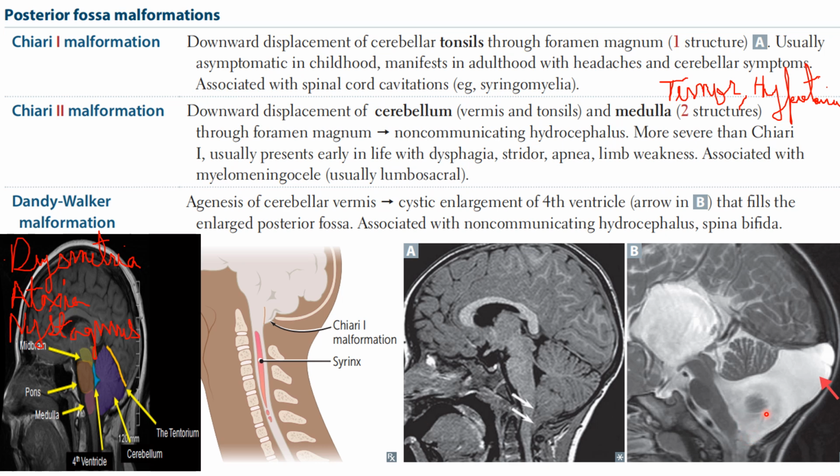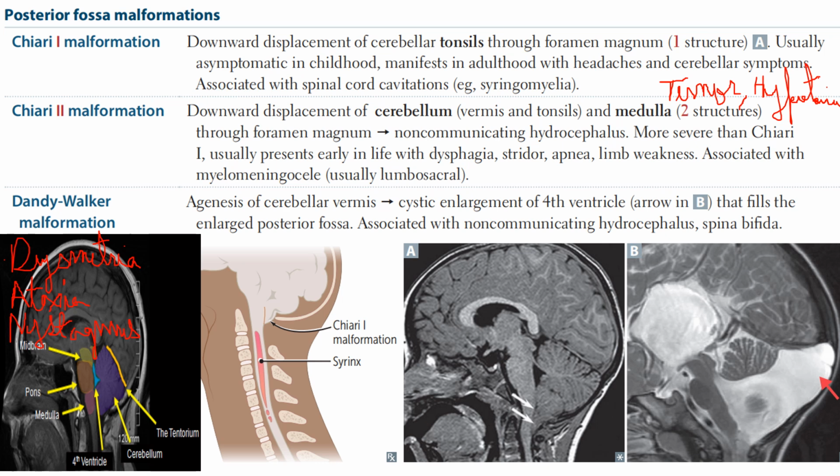Cerebellar vermis is in the midline. So midline vermis and the tonsils are going to get displaced, and then it has medulla also.